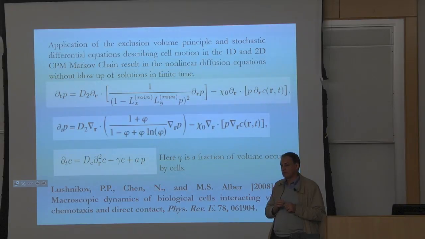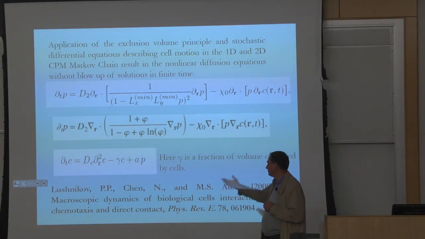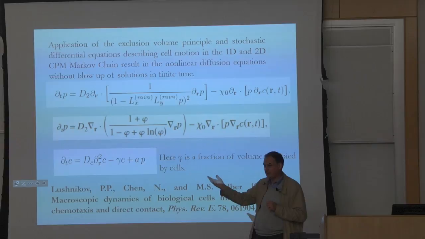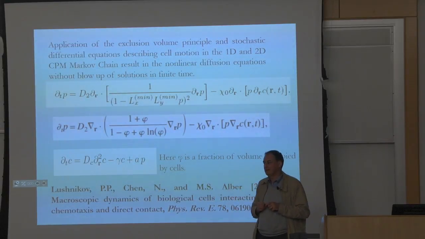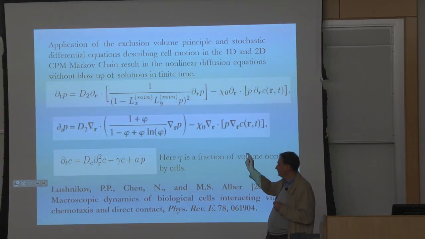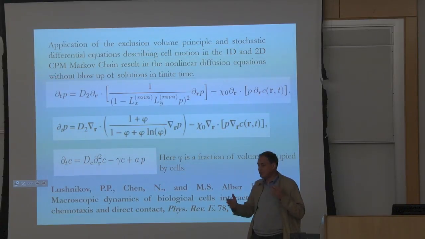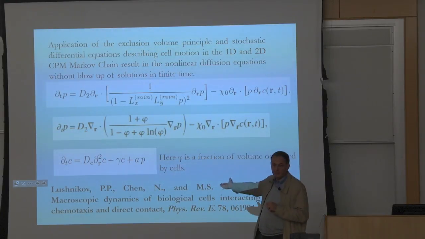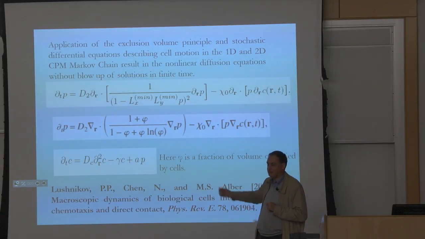So if you have a PDE, you get some terms, and these terms are not really physical or biological. And if biologists tell you that it's not what bacteria actually do, for example, you cannot change the PDE. You need to go to the cellular Potts model, change your assumptions about behavior of the system, the Hamiltonian and acceptance probabilities, and derive the equation again. So definitely PDE is much faster, right? But it's very, very rigid.